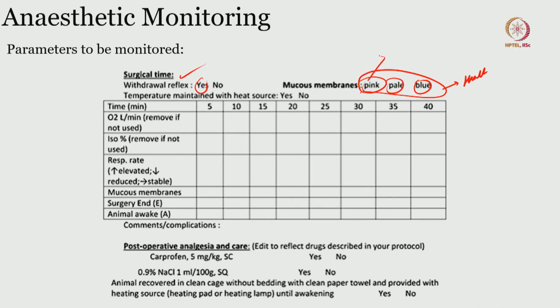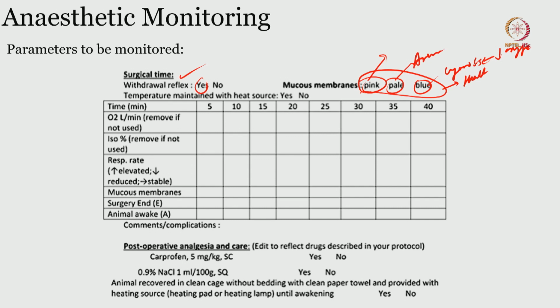Generally, pink is very healthy, pale is anemic, and blue is cyanosis. All right. So, cyanosis is again due to reduced oxygenation. So, there is something wrong before you even begin the procedure, and you have to abandon the procedure and look at the cause for this cyanosis. Pale is obviously that the rat is anemic.